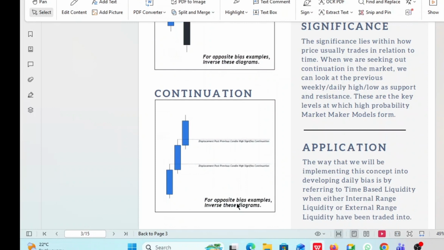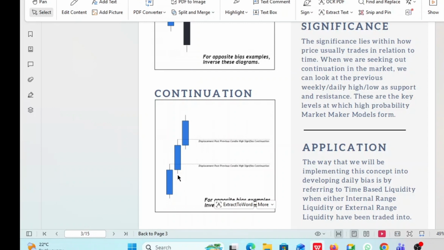We also have a continuation. We said that this continuation is displacement by the previous candle high, specifically for continuation. For this one, it swept the previous candle high and closed above the range. So for it, this first candle becomes the range.